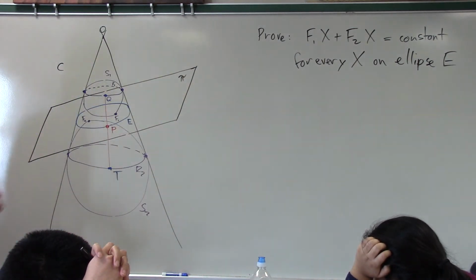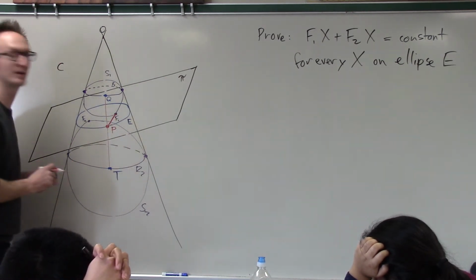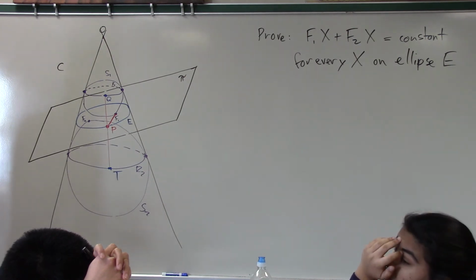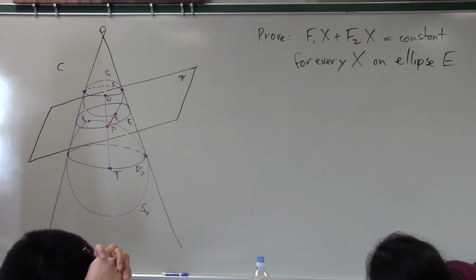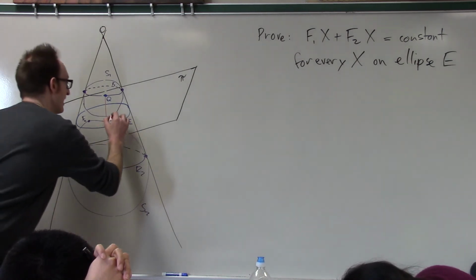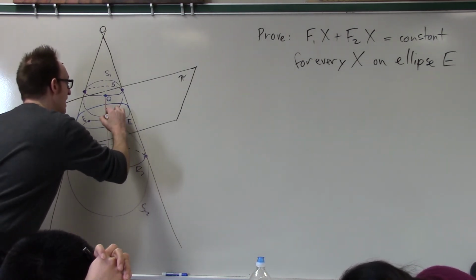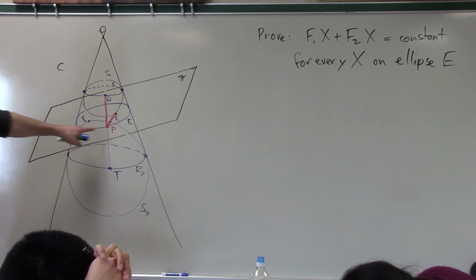Okay, this is the fun part. If you get the foci into it, take the segment PF1, for example. What can I say about PF1? PF1 is tangent to the sphere, and therefore QP equals PF1. This is a little hard to see, but he is exactly right.